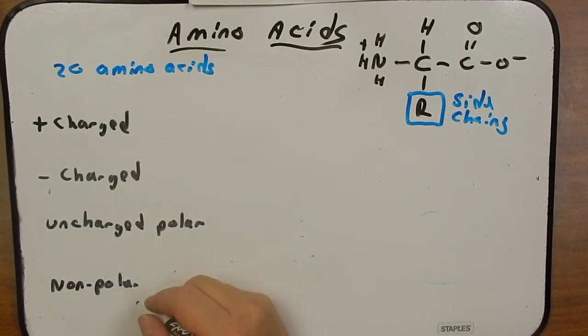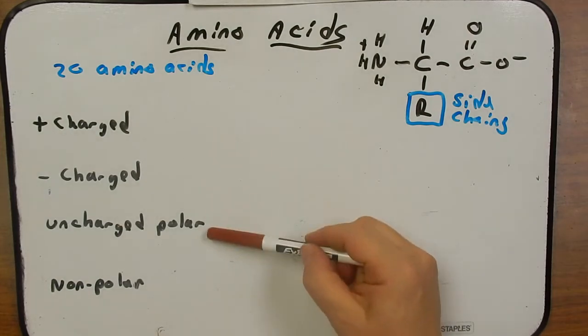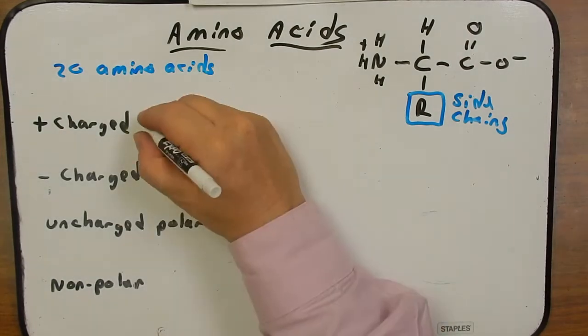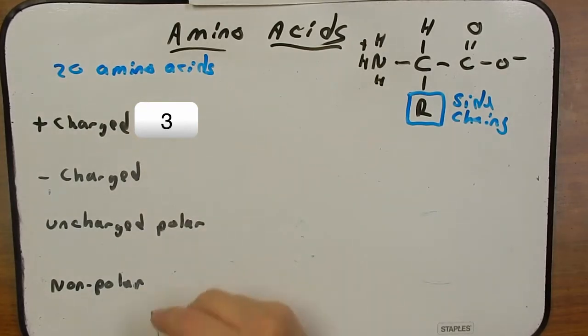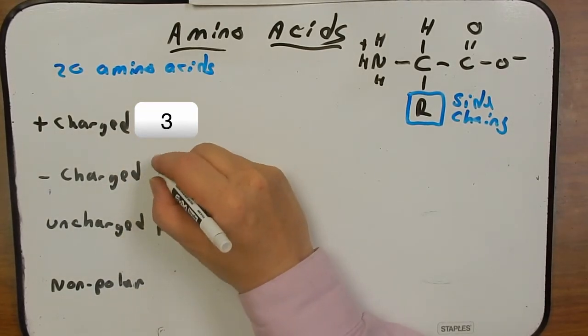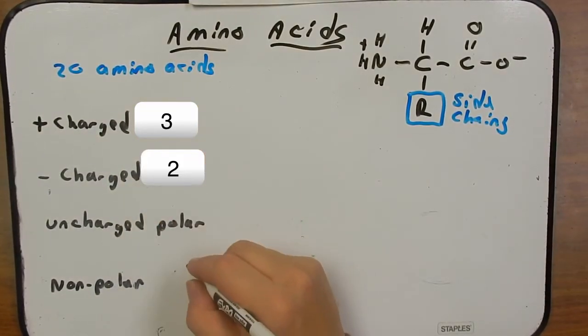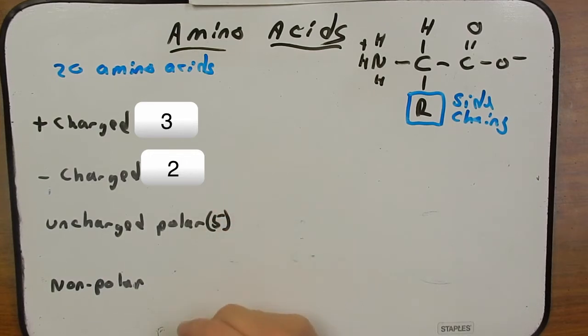Sometimes these nonpolar amino acids I'll refer to as hydrophobic amino acids, but it is better to call them nonpolar. So these are the polar ones and then the nonpolar. We have 3 positively charged amino acids, 2 negatively charged, 5 of the uncharged polar, and then 10 nonpolar.